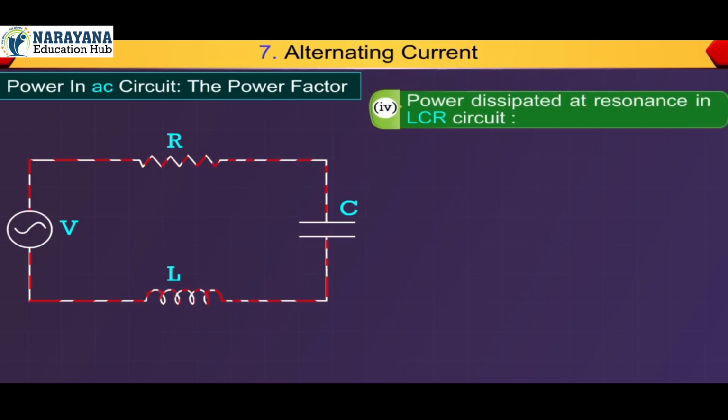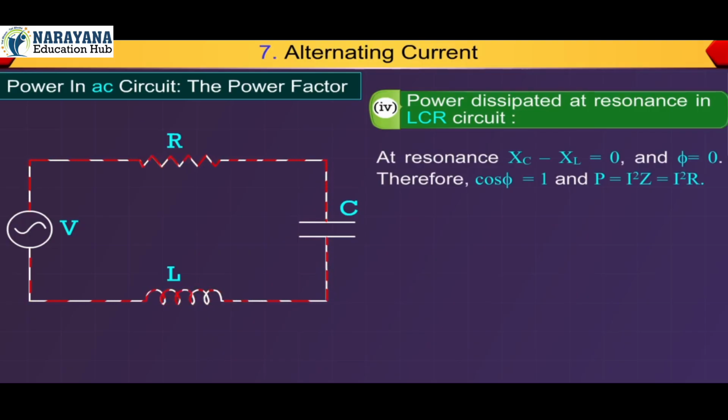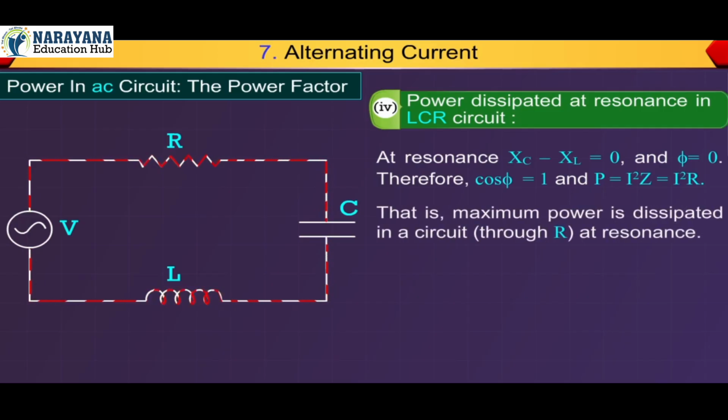Case 4. Power dissipated at resonance in LCR circuit. At resonance, Xc minus XL is equal to 0 and phi is equal to 0. Therefore, cos phi is equal to 1 and P is equal to I square Z is equal to I square R. That is, maximum power is dissipated in a circuit through R at resonance.